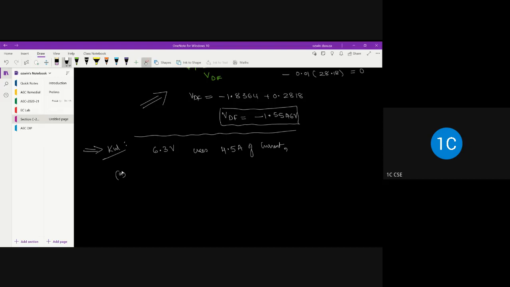If it is to be used in a 12.6 volt system. Second one.